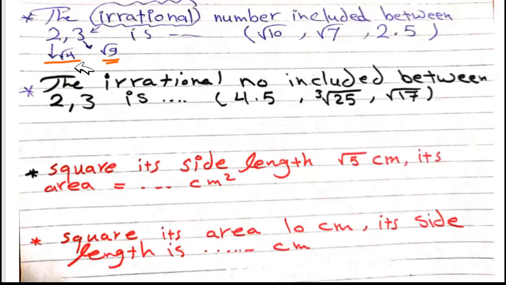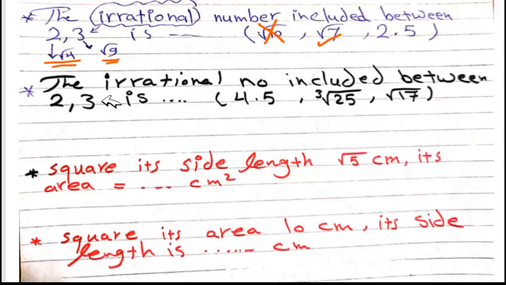Think about a number between root 4 and root 9. Root 10 is after root 9, so I can't take this. Root 7 is between root 4 and root 9, so it is the right answer.